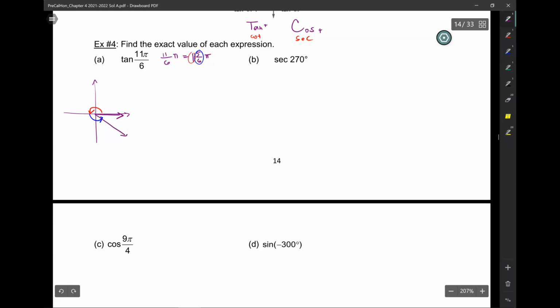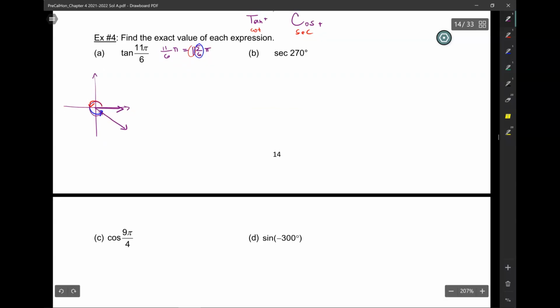So there is my 11 and 5/6 of a pi. Okay, you can just put one arrow for yourself, once you get used to this. I only do that to show you guys. So 11 over 6, that's a reduced fraction. So that reference angle is the denominator with the pi on top.